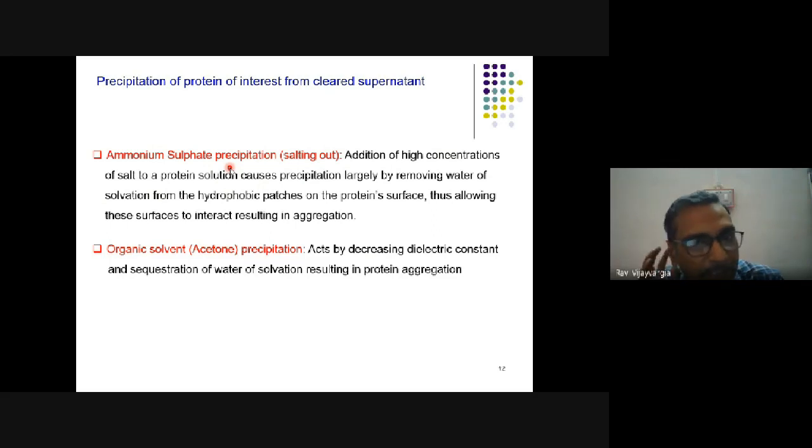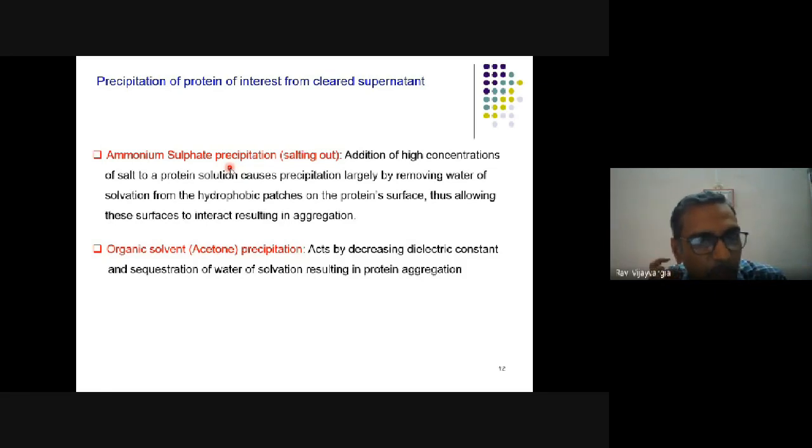Taking advantage of this property, ammonium sulfate precipitation will selectively precipitate the proteins at different concentrations. Whenever you use it, you gradually increase the amount of the salt. Normally we start at 30% saturation, then increase to 40%, 50%.